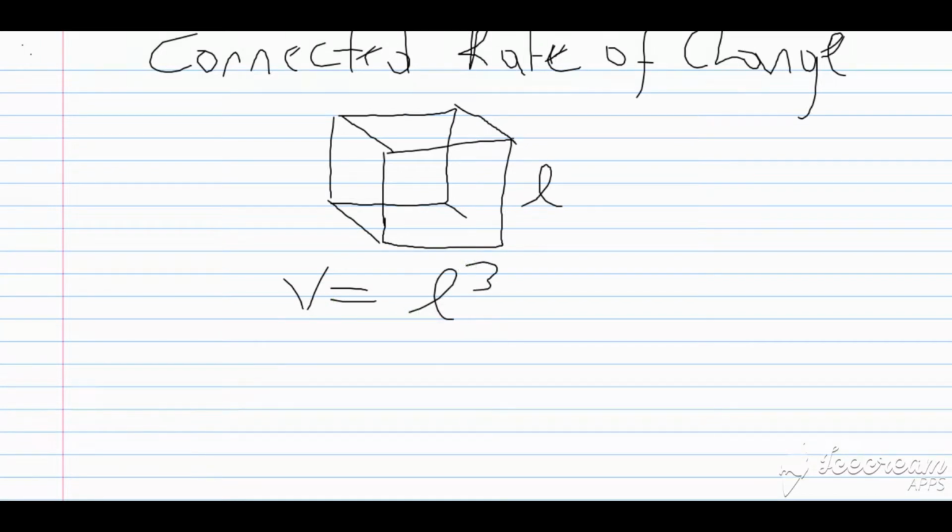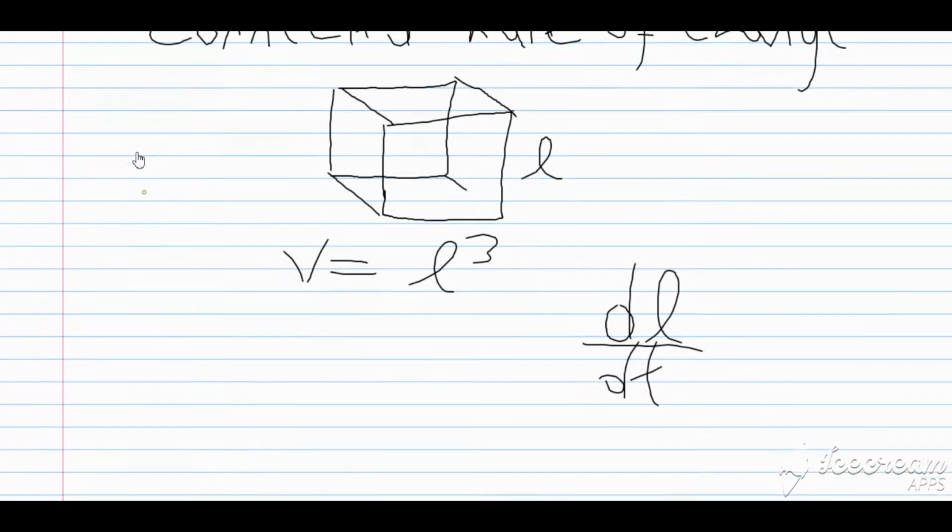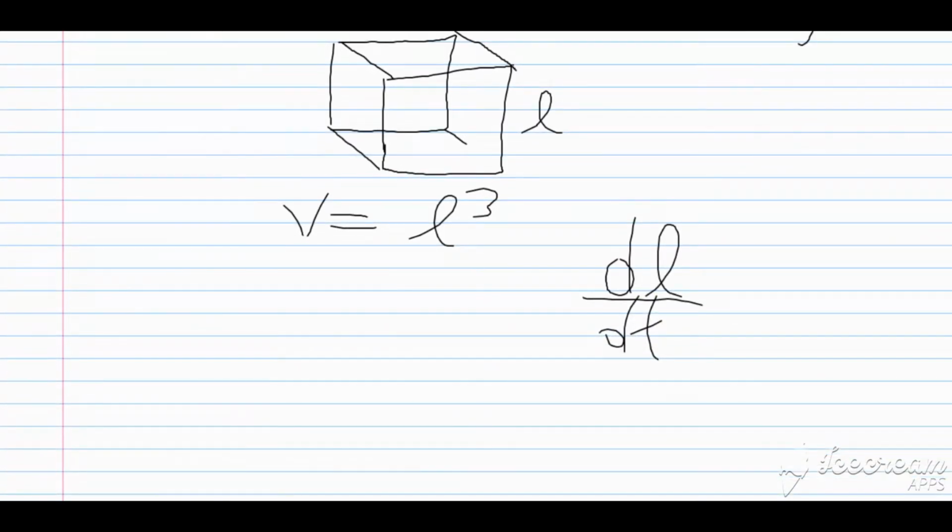Now let us say that when we apply heat to this cube, it might expand, which means that the length might increase. And of course, this length is going to increase over a period of time. So we can actually talk about the change in length with respect to time, and that is going to be dl over dt. However, we know that there's a connection between the volume and the length.